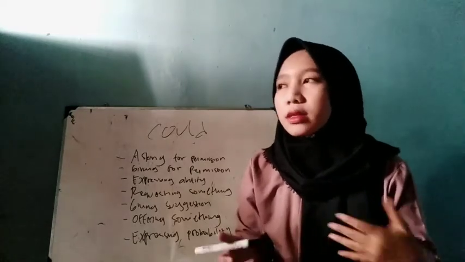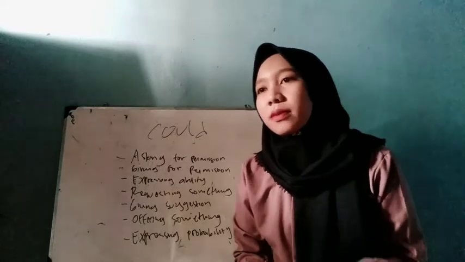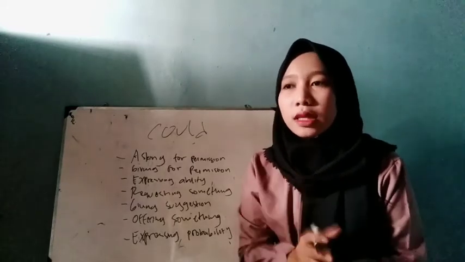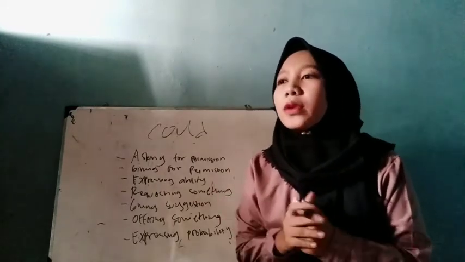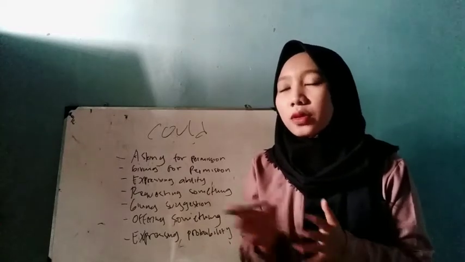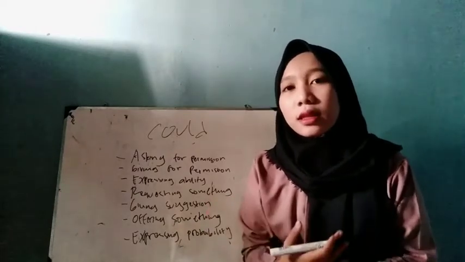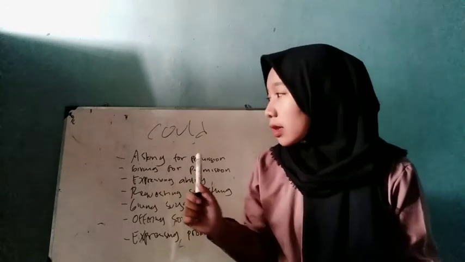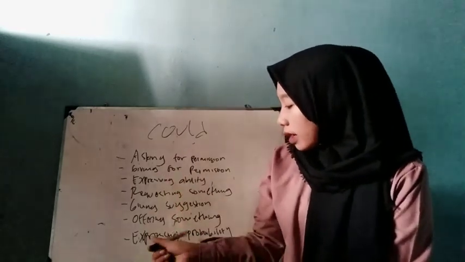Or you can say, I am too tired because of my homework, but you still have the probability to help your mom or to help your sister to clean the house. That's how the way you use could to expressing probability.